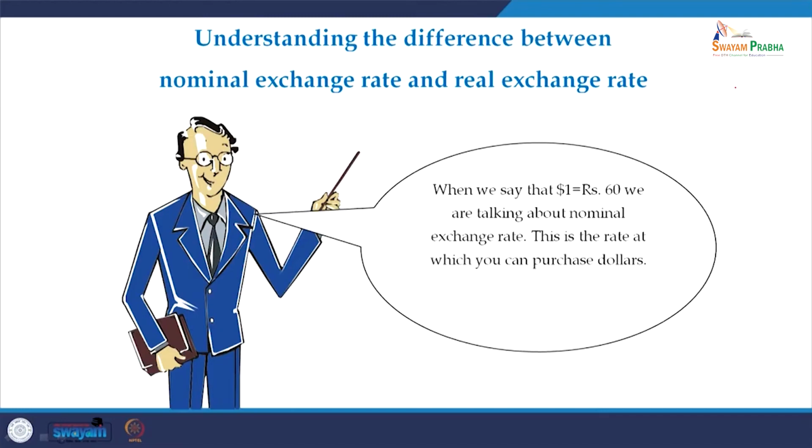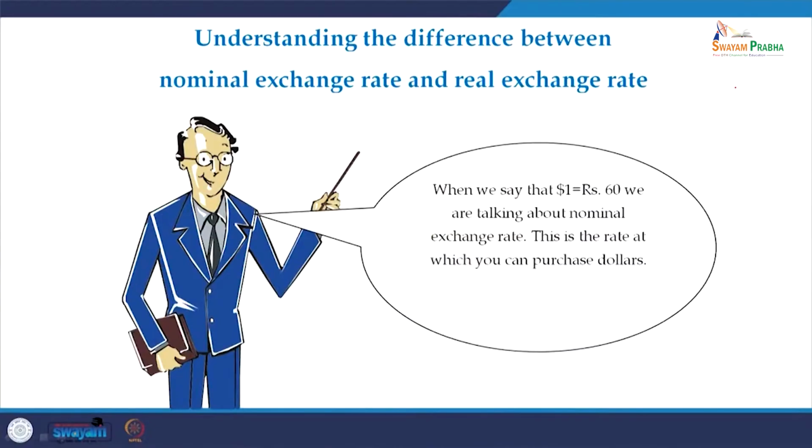Now, understanding the exchange rate through two concepts first. One is called nominal exchange rate and another is called real exchange rate. Nominal exchange rate, we have already mentioned, is the price of the domestic currency with respect to the price of a foreign currency. When the price of the foreign currency increases, that means the domestic currency of that country depreciates. Okay.